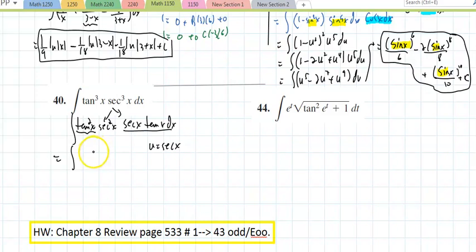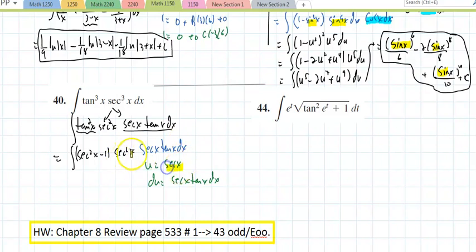And tangent squared is secant squared of x minus 1 times secant squared of x times my du, and du is going to be secant of x tan of x dx. And now if I let u equal secant of x, du will be secant of x tan of x dx.